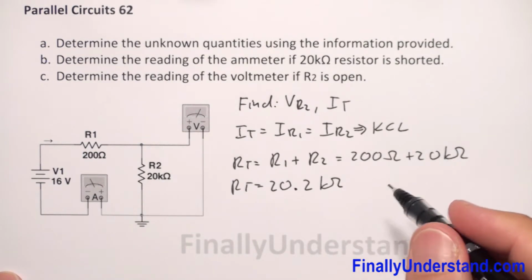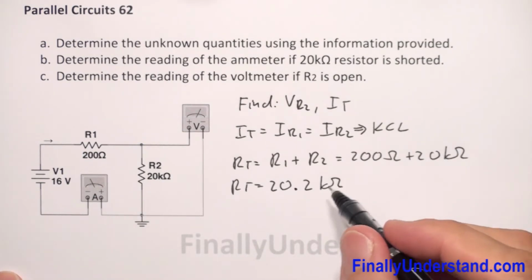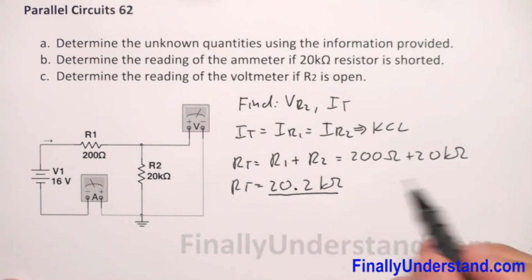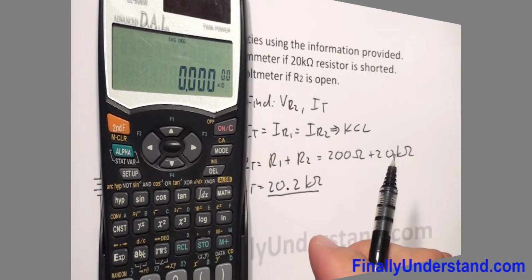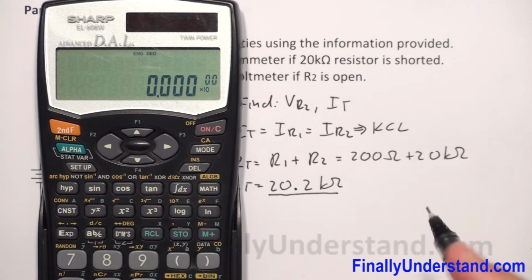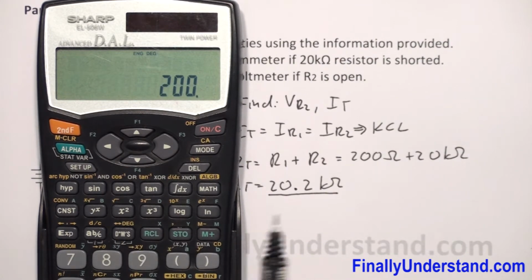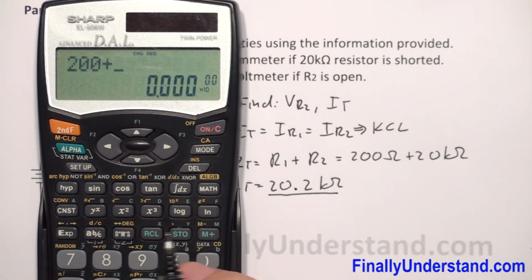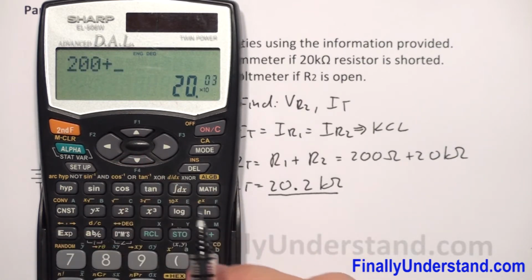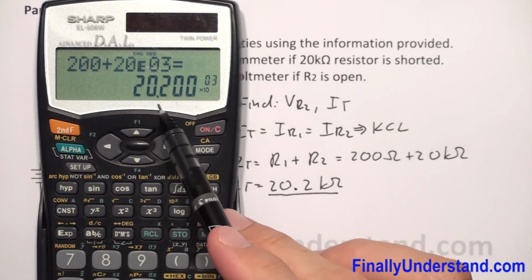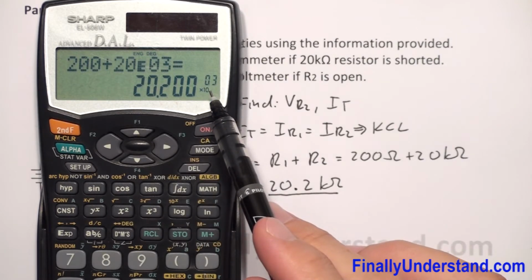If you want to see how to enter this into the calculator, simply enter 200 plus 20 exponent 3. This is equal to 20.2 kilo ohms.